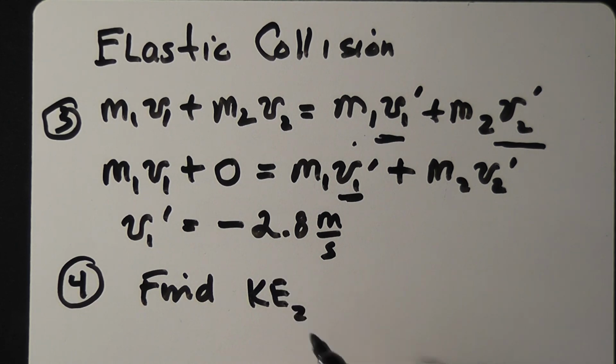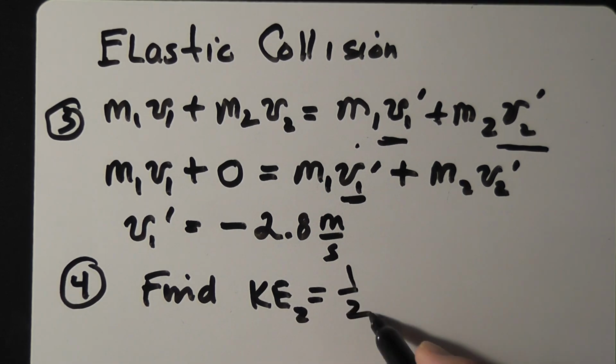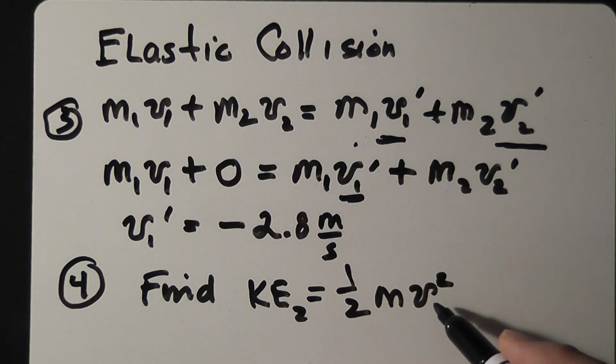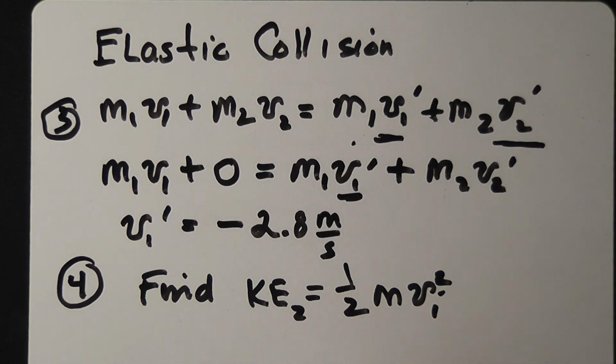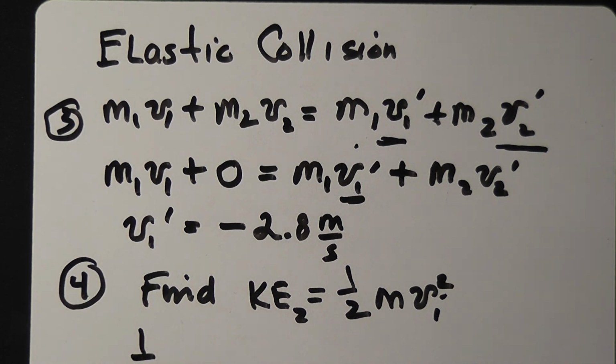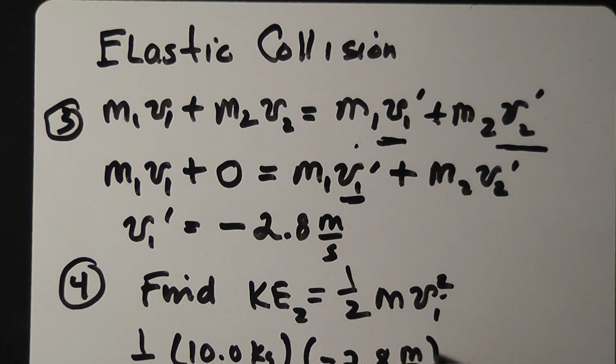So kinetic energy 2, we'll call that 1/2 mv squared, and this v will be v1 prime. So let's solve for that. We have 1/2 times the mass of 10 kilograms, times minus 2.8 meters per second squared.